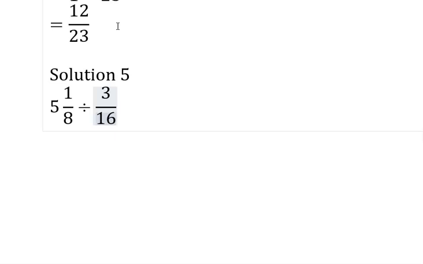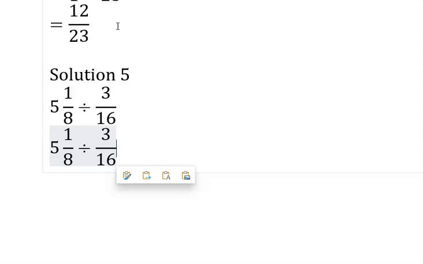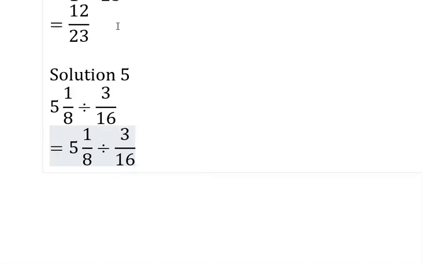So first thing first is for us to change our mixed fraction to what? To an improper fraction. So we say 8 times 5 will give us what? 40. 40 plus 1 will give us what? 41. So we now have 41 over 8 on our left hand side divided by 3 over 16.